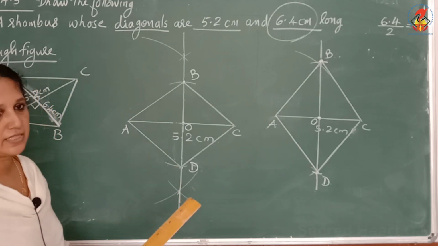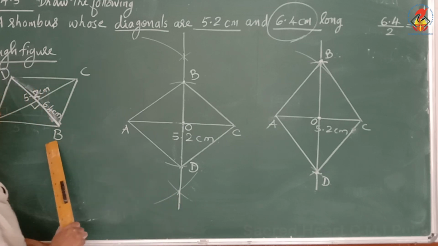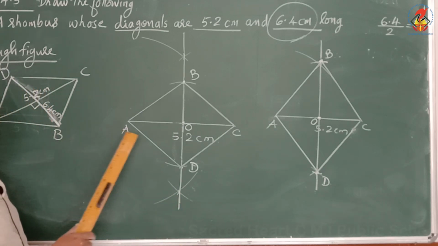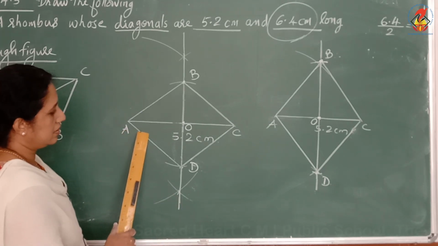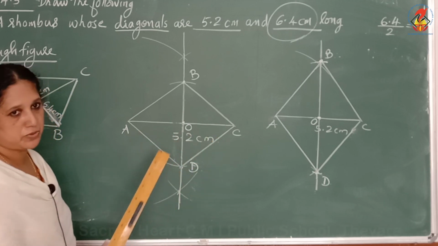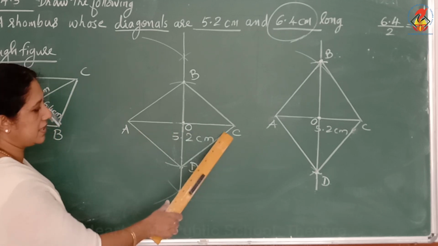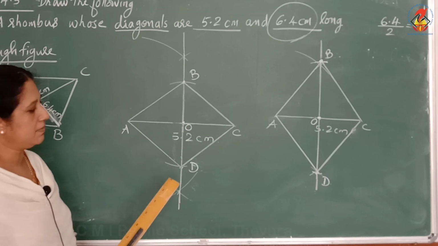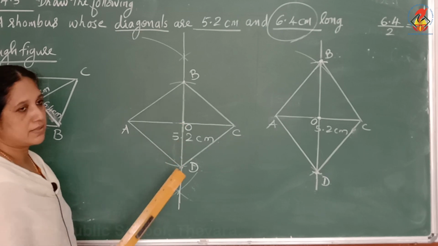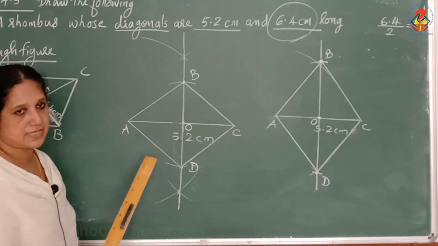Now how can we write the steps of construction? Draw a rough figure and mark the given measures. Second step, draw a line segment AC of length 5.2 centimeter. Third step, draw its perpendicular bisector.